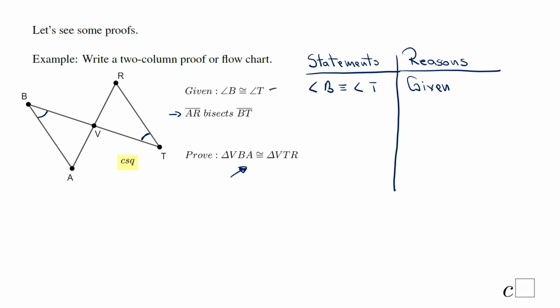With this statement, segment AR, which goes from A to R, bisects BT, this guy. Bisect means cuts in half. So on my picture, I will show that by marking these two parts congruent, because that's the meaning. Bisect, cuts in half, those two segments BV and VT are congruent.